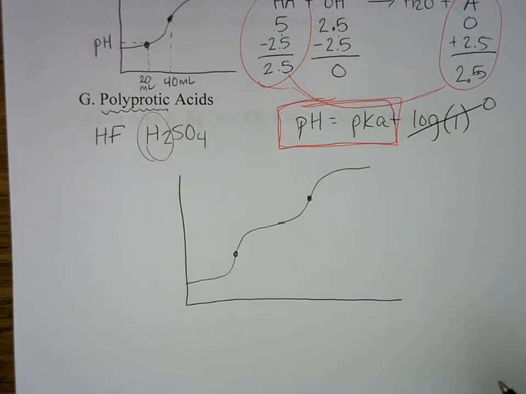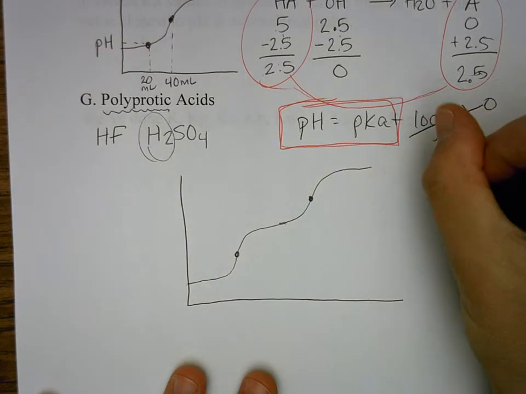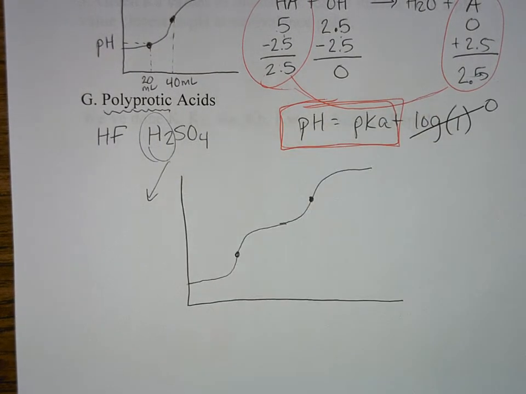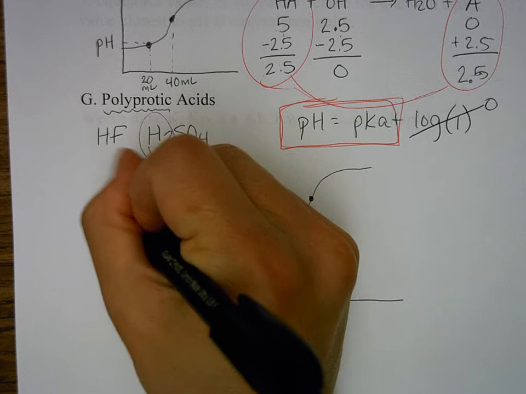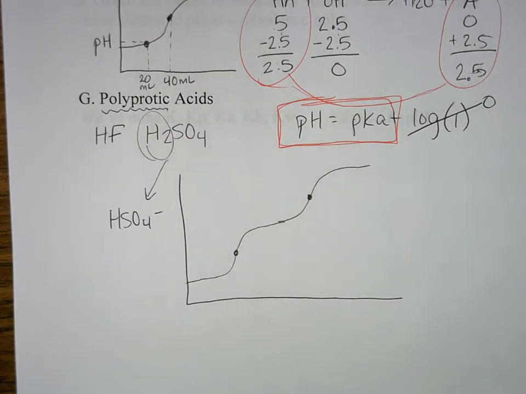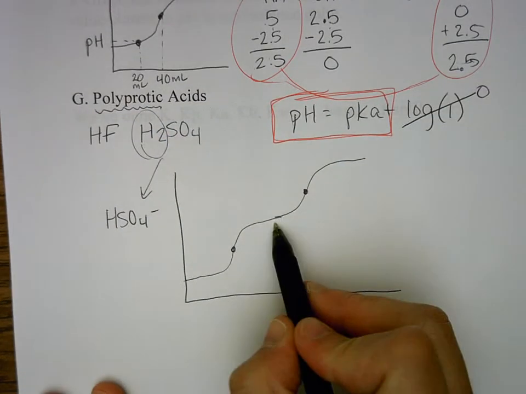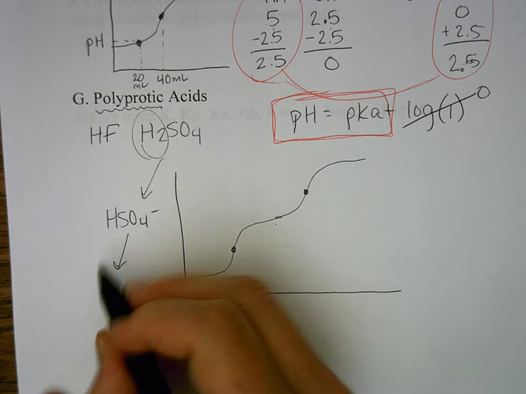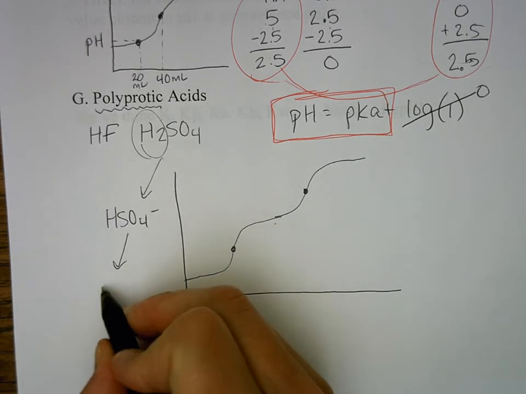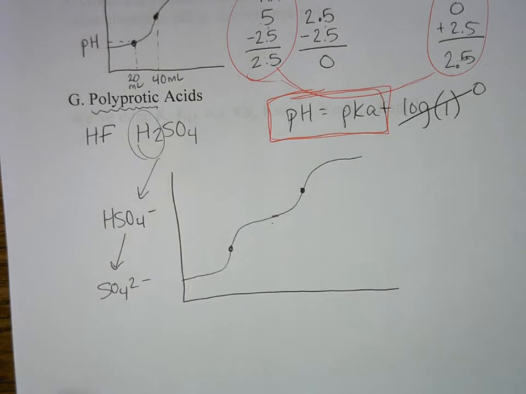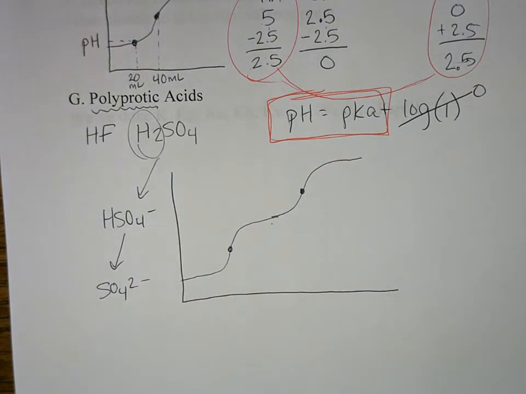So you get two pH curves put together. For H2SO4, when it gets rid of one hydrogen, it becomes HSO4 minus. That titration happens first, and when that is done, it titrates the second one and gets rid of the other hydrogen, and you get just SO4 2 minus. So it goes in steps, one hydrogen at a time. That's all you need to know about that.